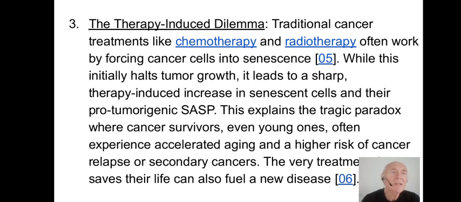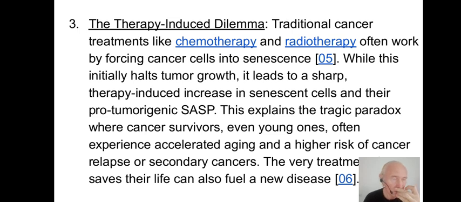This explains the tragic paradox. Cancer survivors, often young ones, often experience accelerated aging and a higher risk of cancer relapse or secondary cancers. The very treatment of cancer saves their life, but also fuels a new disease.